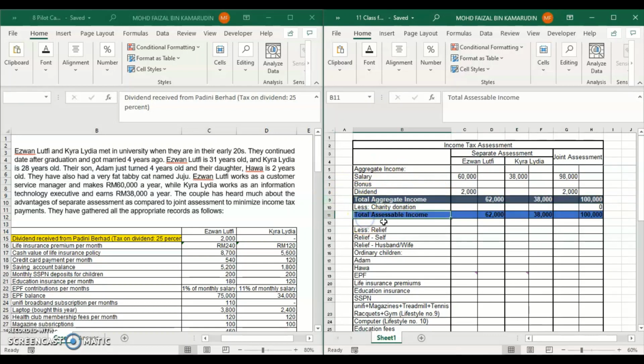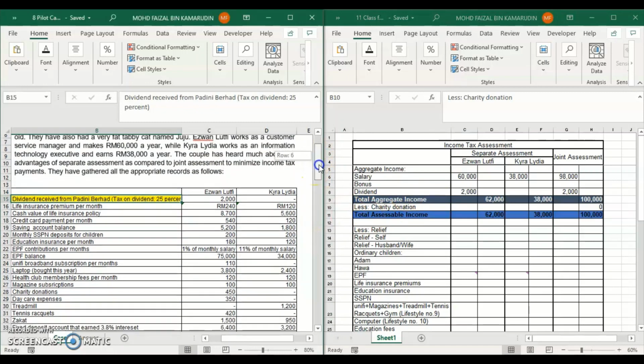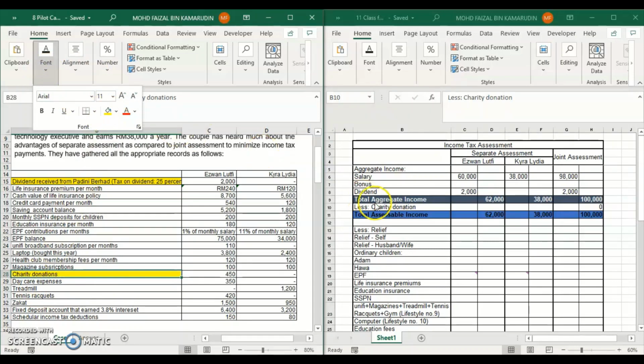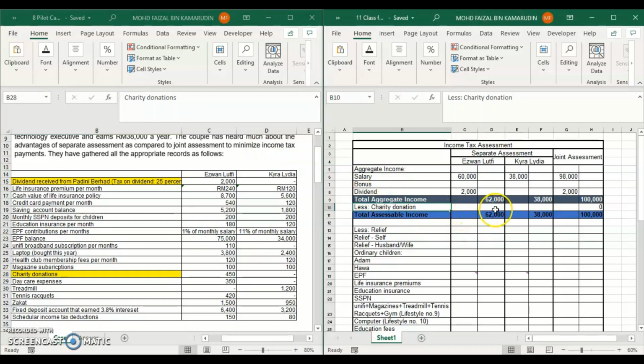So next, we have to prepare the total assessable income. You can minus the charity donation, which is up to 7% of your income. In this case, yes, they have made some donation here. So 450 for S1, so we just put 450 here.